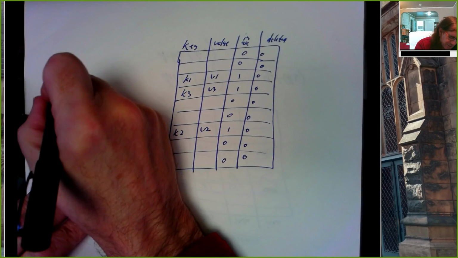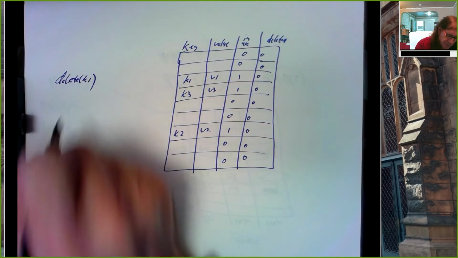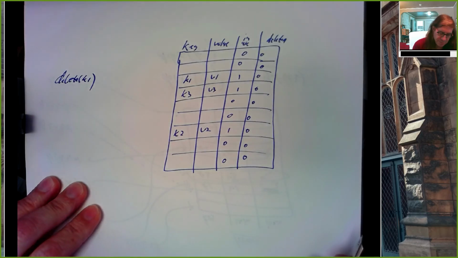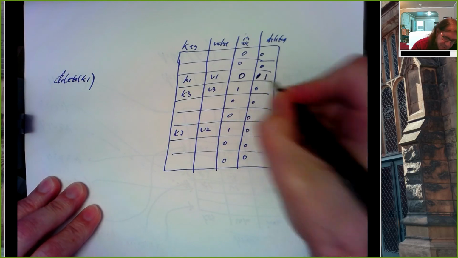And now let's delete K1. So we're going to set in use to 0, but we're going to set deleted to 1.